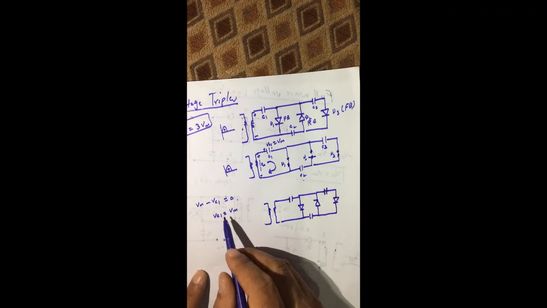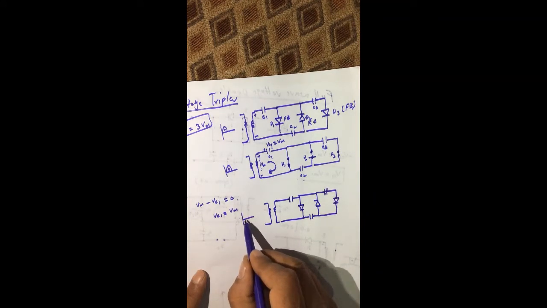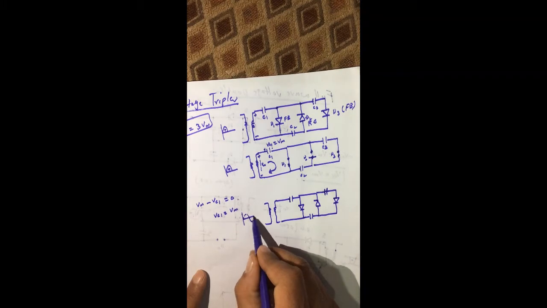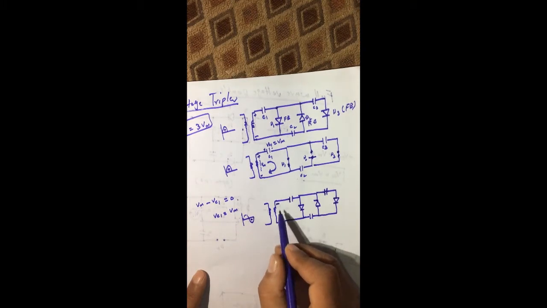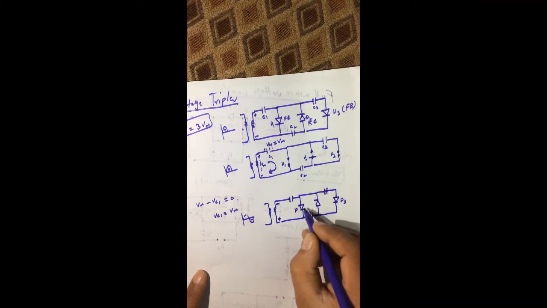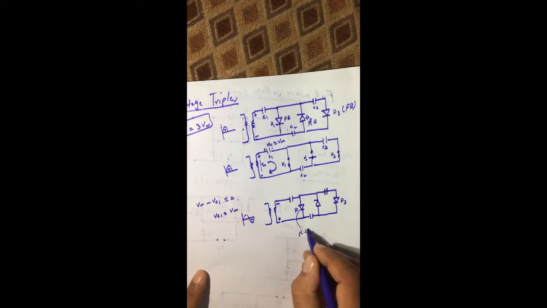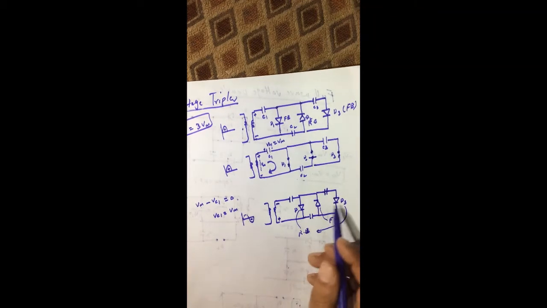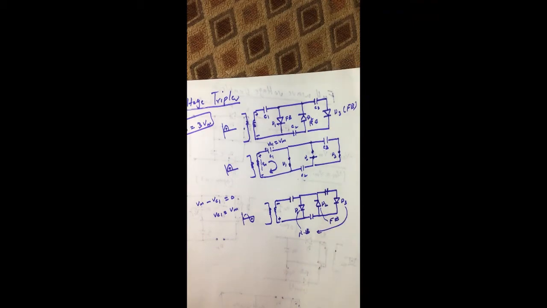Now during the first negative half cycle, the polarity of the secondary coil changes. This now becomes negative and this now becomes positive. So diodes D1 and D3 are both reverse biased, and diode D2 becomes forward biased. So diodes D1 and D3 act like an open circuit, and diode D2 acts like a short circuit.